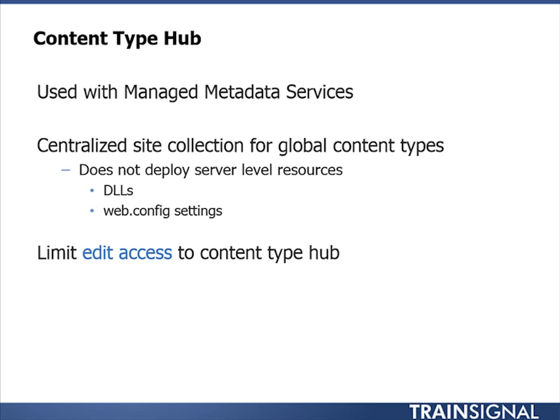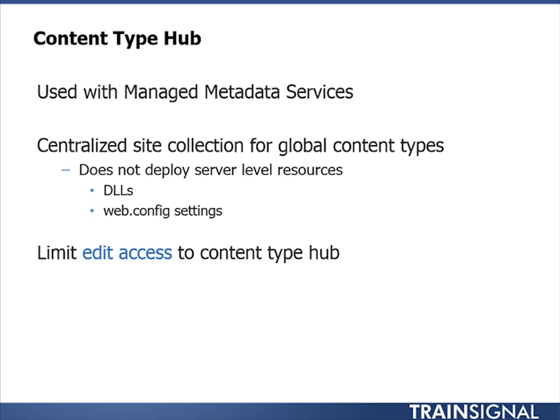It's going to get pushed out to the entire environment. So as a result, what I recommend as a best practice is to create a site collection specifically for the Content Type Hub, and then limit access to that to only people whom you want creating global content types.